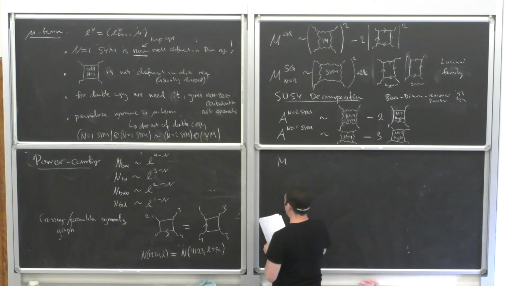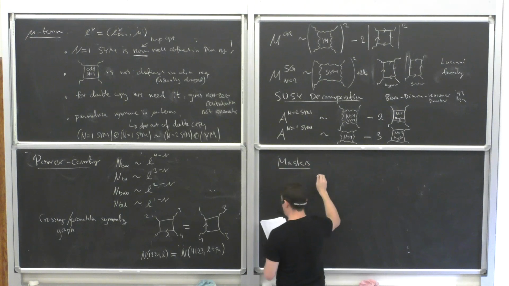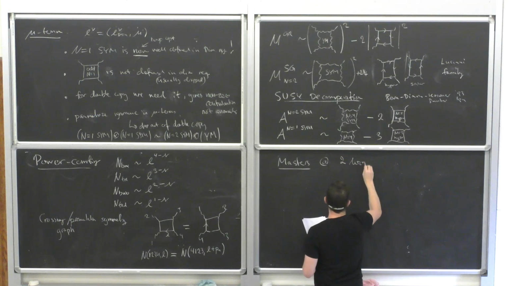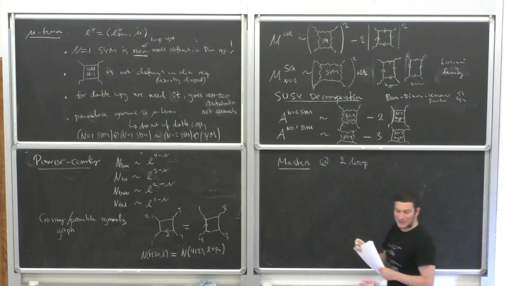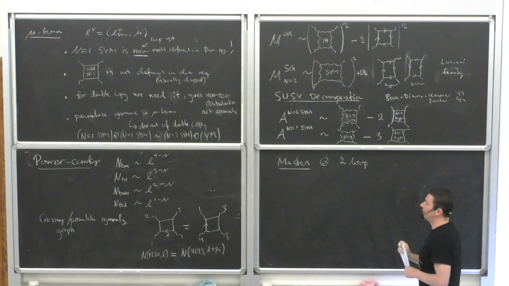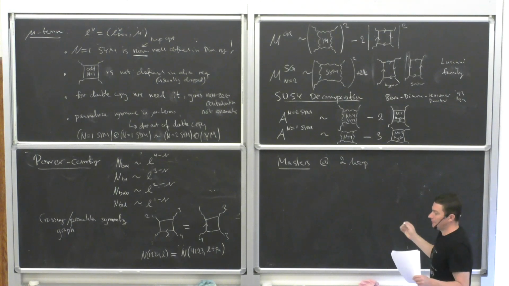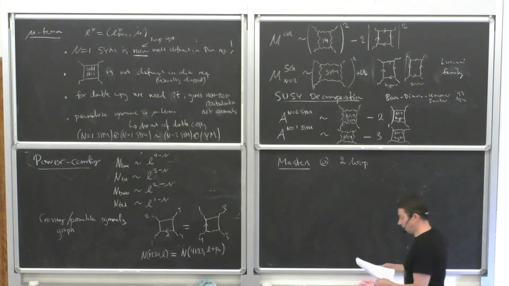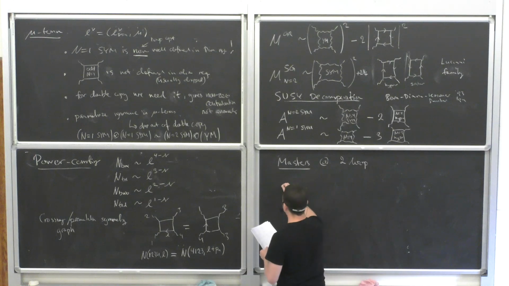So let me begin by writing down the masters at 2 loops. So I'm going to do this the quick and dirty way. I'm just going to give the answer. And the answer assumes that I have used a whole bunch of identities, color kinematics duality, supersymmetric decomposition, and other identities, but I will get to them. First, I'll write down what the masters are.